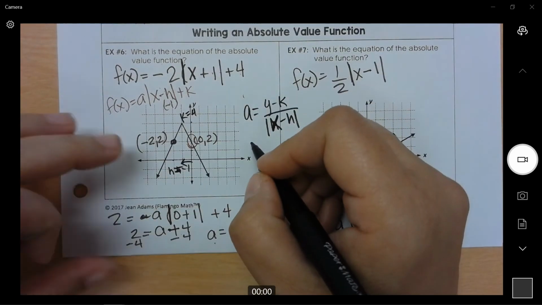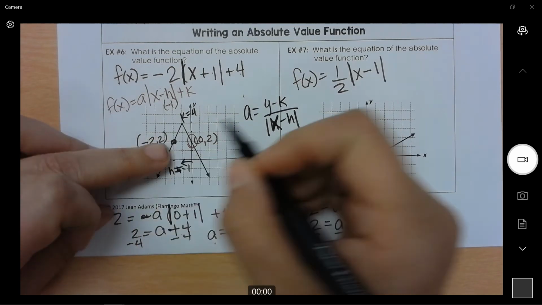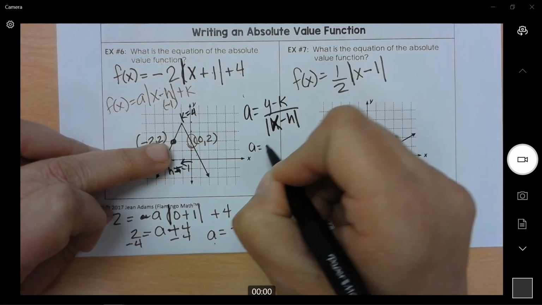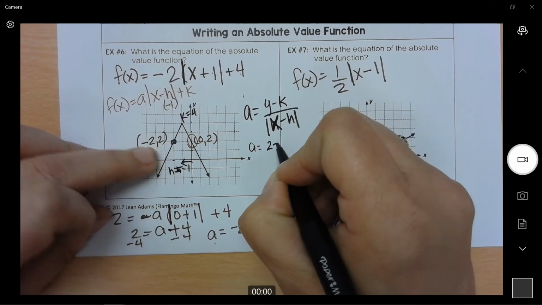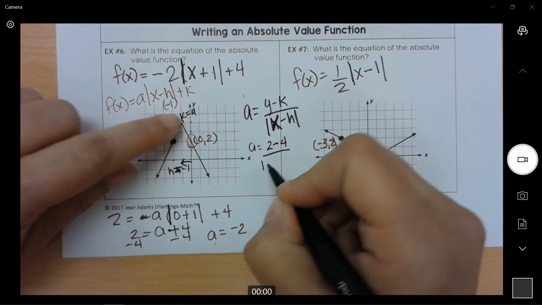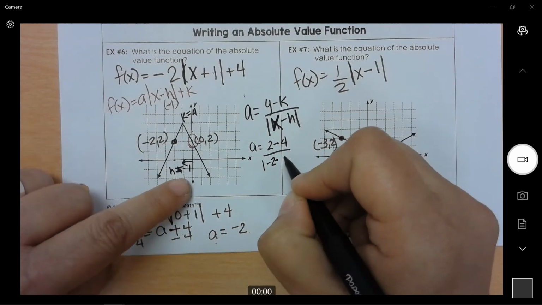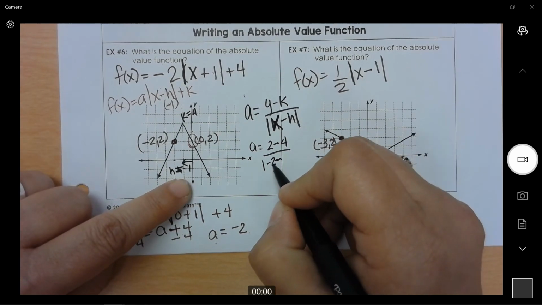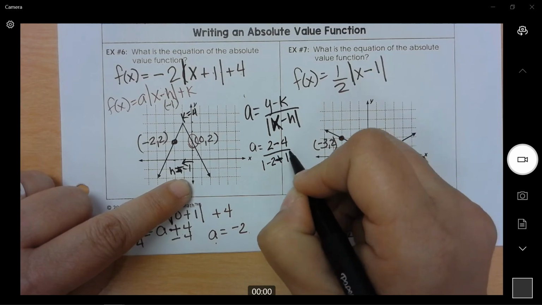So let's say we do that, and we're going to pick the point -2, 2. So y is 2, k is 4, so 2 minus 4 over the absolute value of -2 minus -1, which becomes +1.